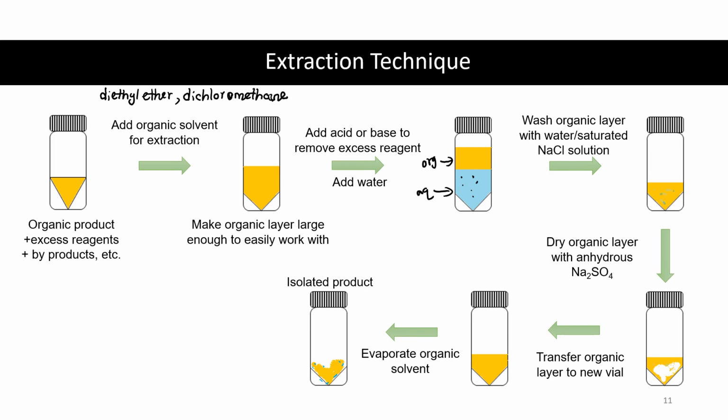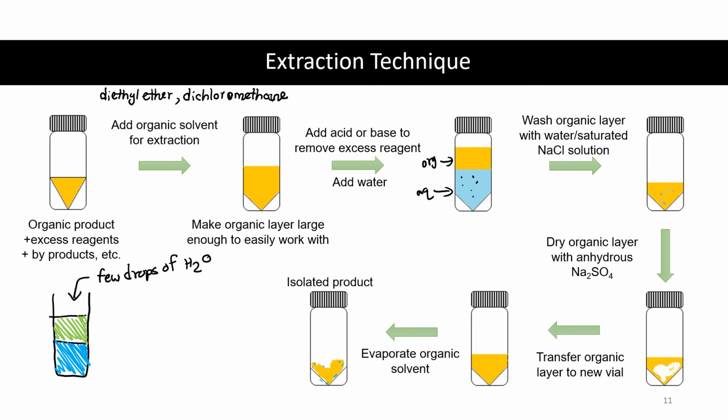If you were asked how would you know which layer is the aqueous and which layer is the organic layer, in the case you do not know the densities of the solvents, you can do a water drop test. That is, add a few drops of water.